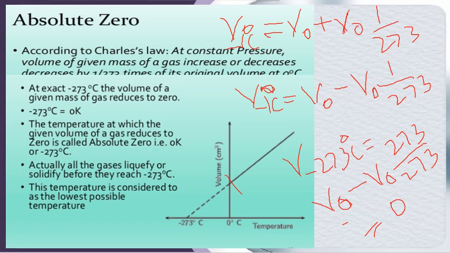What does it explain? It means that when you are moving from the higher temperature towards the lower temperature, up until it intersects the volume line at 0 degrees centigrade, the gas is existing as a gas, right?